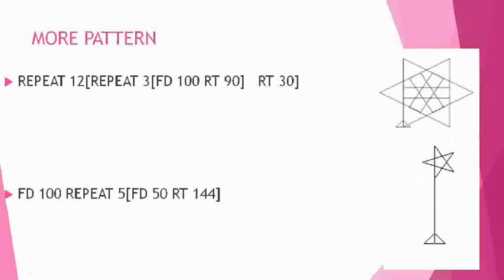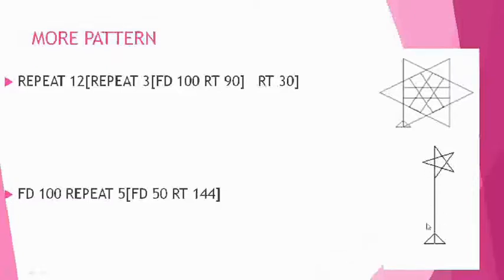And now look at this symbol. FD 100, repeat 5, FD 50, RT 144. See, this stand is not repeated at all. But here these lines are repeating and creating the symbol. So for this I don't need the repeat command, but for this symbol I need repeat.